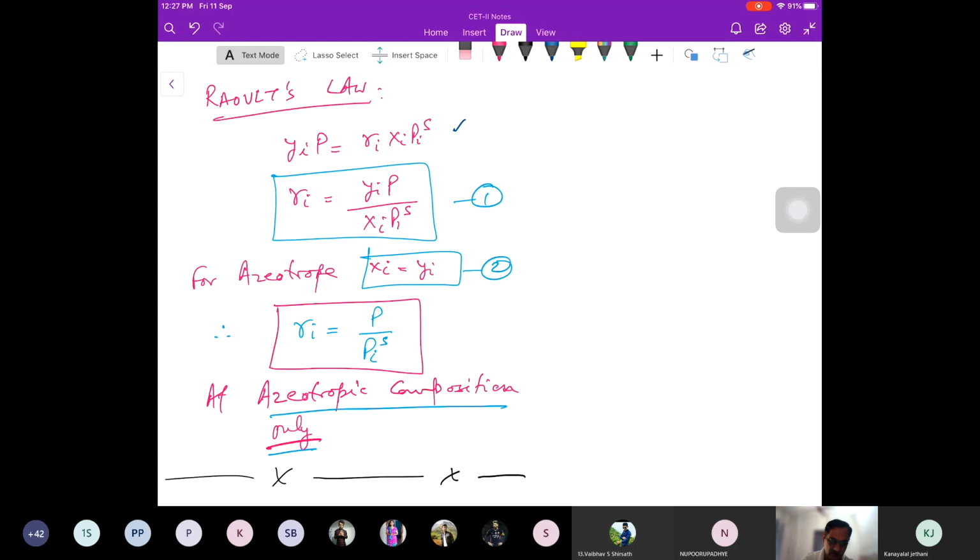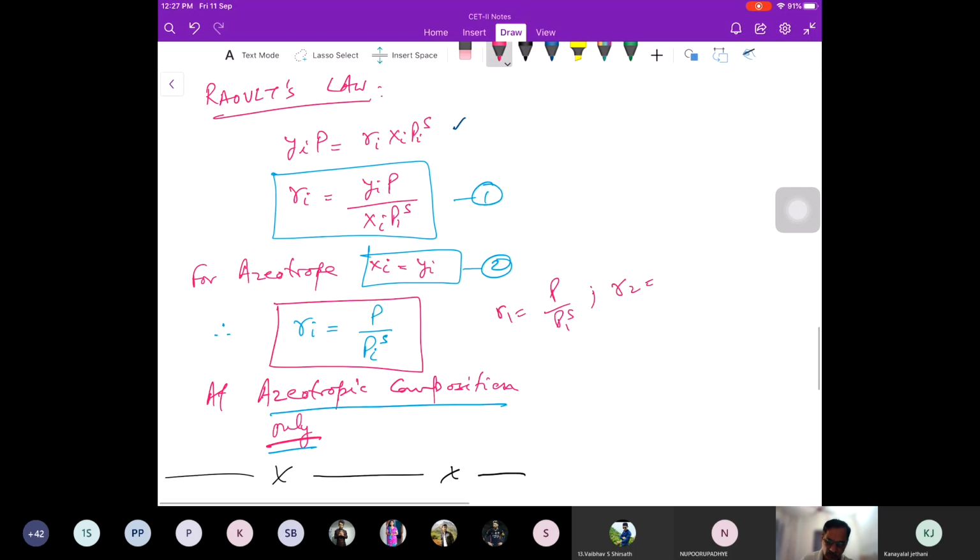So you can calculate gamma 1 like this and gamma 2. ठीक है. So all you need to know is total pressure of the system and the vapor pressure of each component in a binary system, and we can calculate activity coefficient for that particular component in the system.